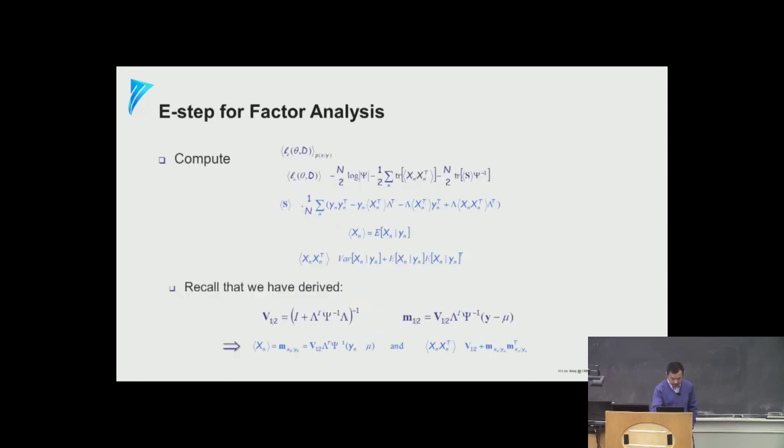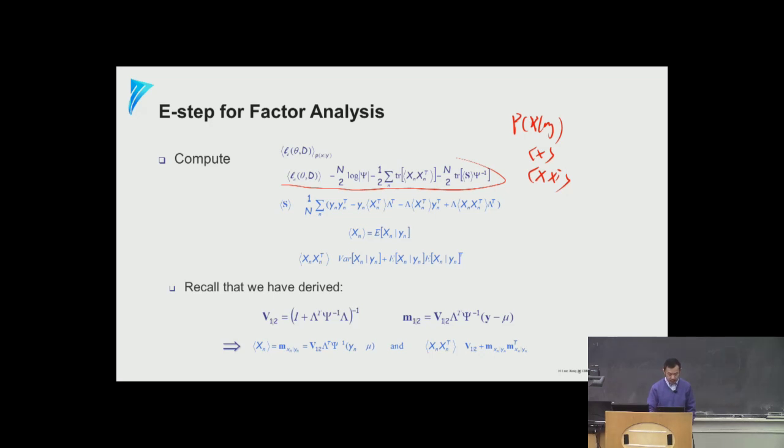Just to recap, this is our complete likelihood, and we don't have x, right? And what we remember we did in EM is to pretend x is observed, because we can do inference on x given y. And therefore, with this, we can always compute sufficient statistics of X, and we can plug in so that these variables can be replaced with a constant.